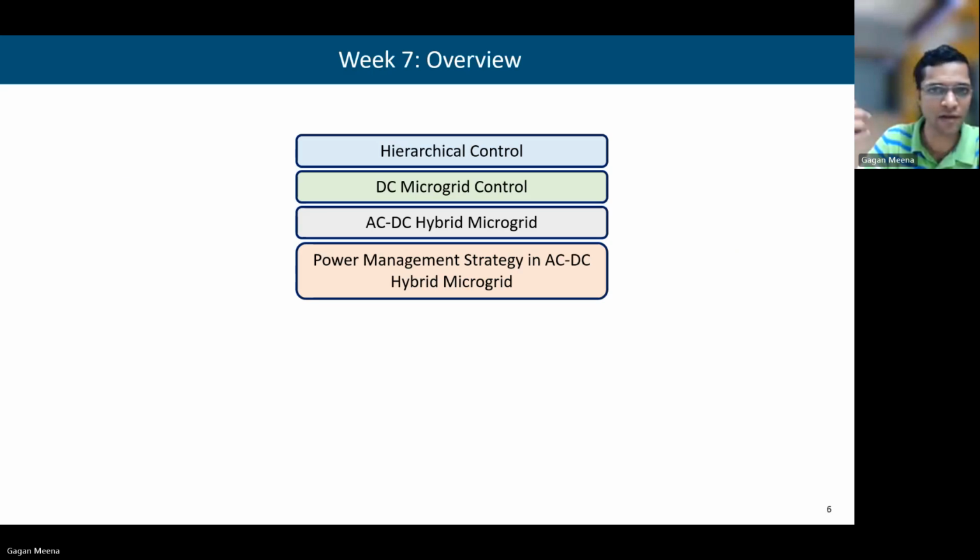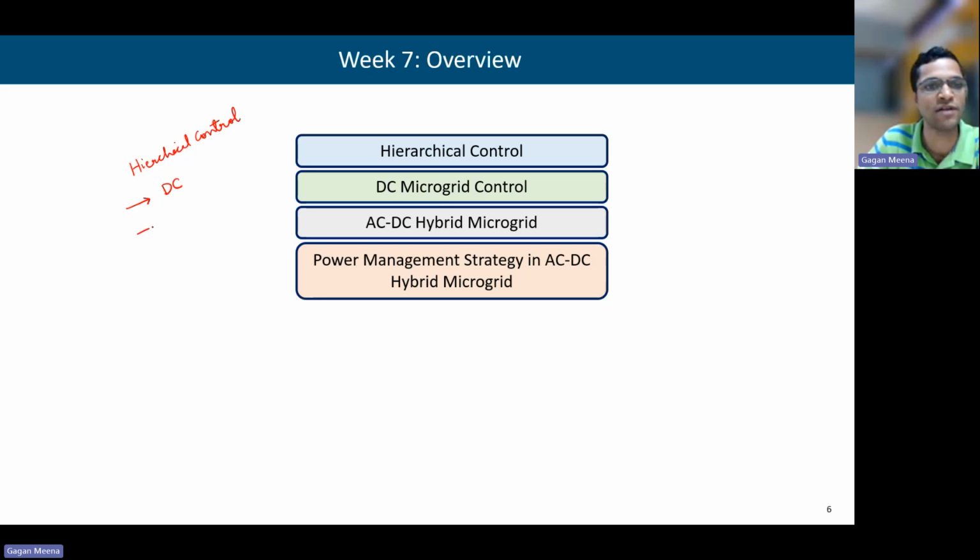Okay, so let us start with the overview. In this week, the main topic was the hierarchical control of three types of microgrid. We have already seen what is a microgrid. And here we discuss three types of microgrid.